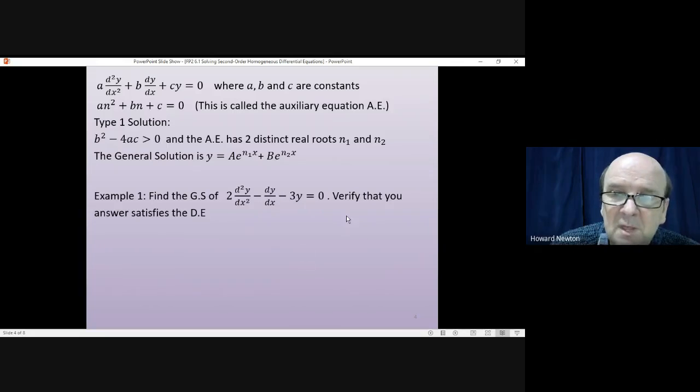We'll then verify that this answer really does satisfy the differential equation by substituting it in. Okay, there's a summary of what you need to know. I'll let you have a go at working your way through this example by yourself first of all. So have a go at doing that, pause the video, and then come back to me again when you're ready.